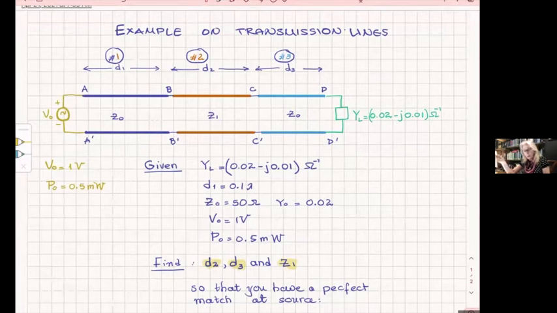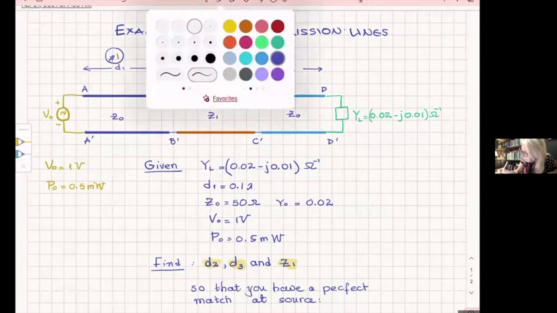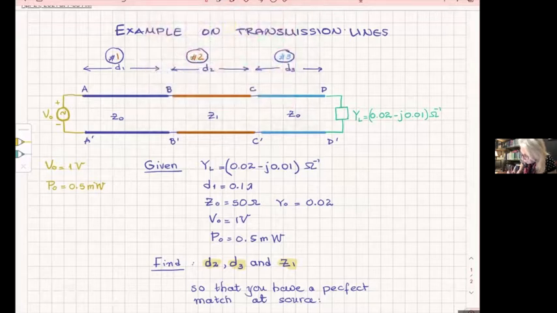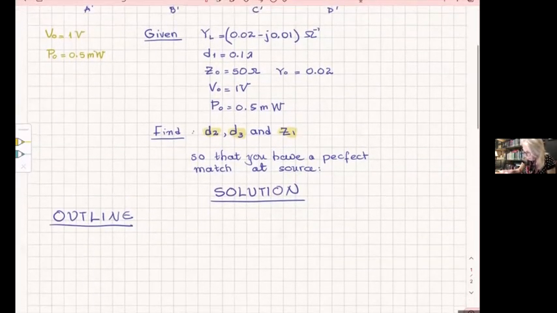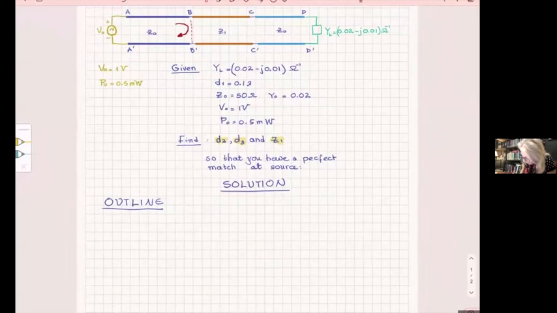The only thing that I know is that I have to eliminate all reflections from here, to provide a perfect match. So all of the power that comes from this ideal source is absorbed and eventually goes to the load.